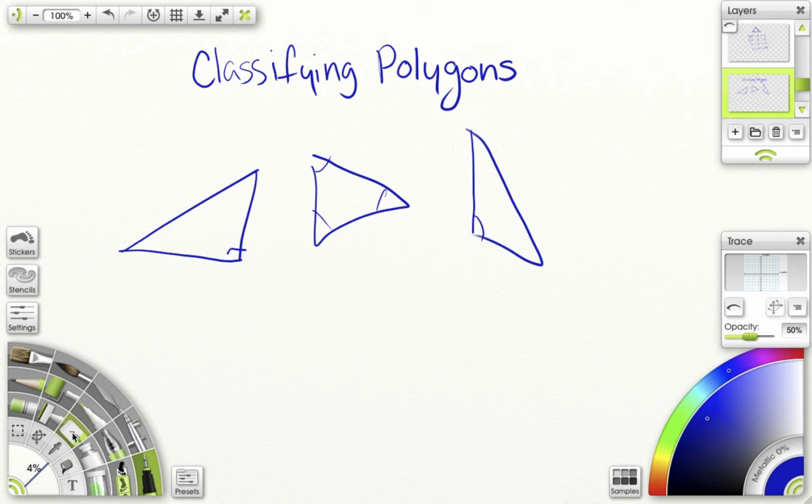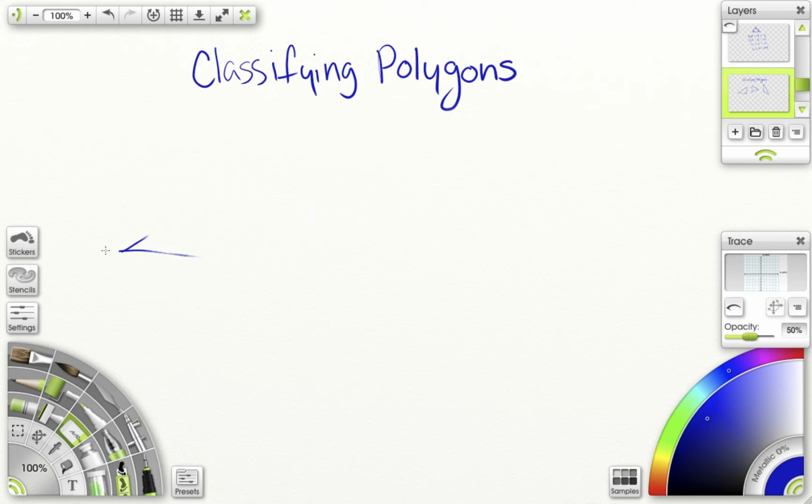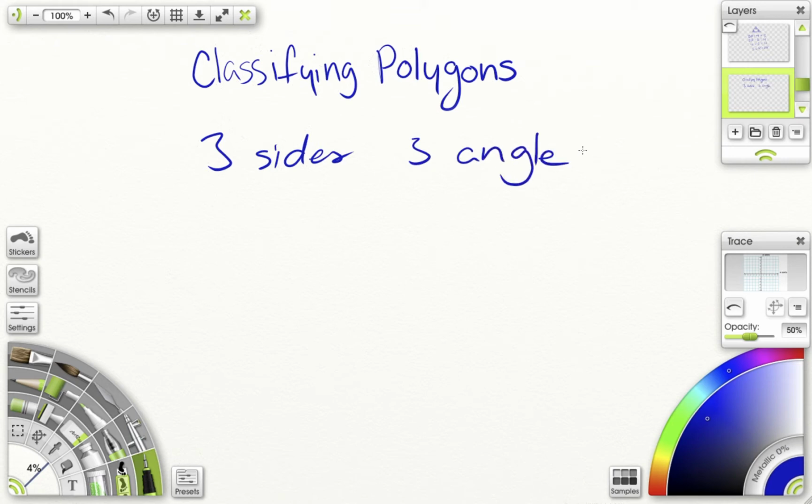In this lesson, we are talking about classifying polygons by the number of sides and number of angles. So what it looks like is, how many different shapes can you name that have 3 sides and 3 angles?